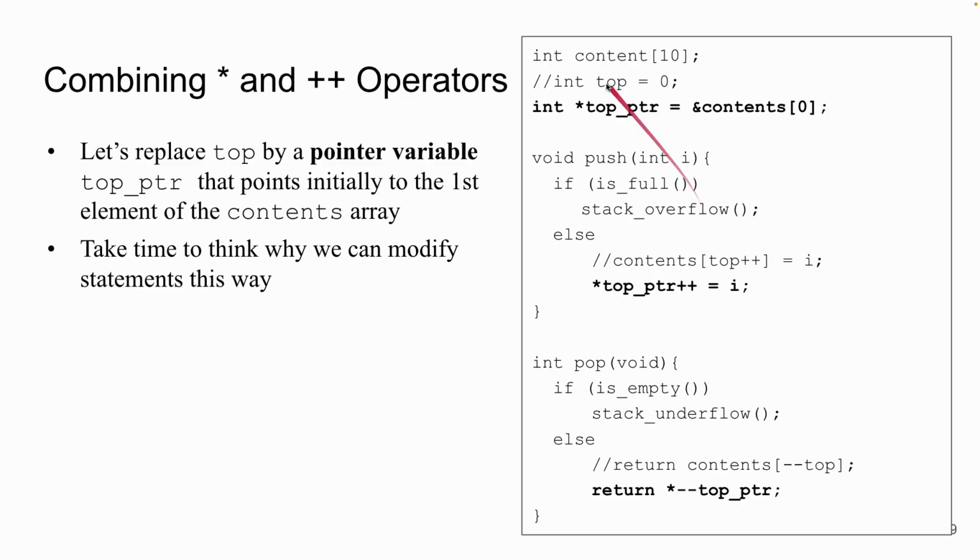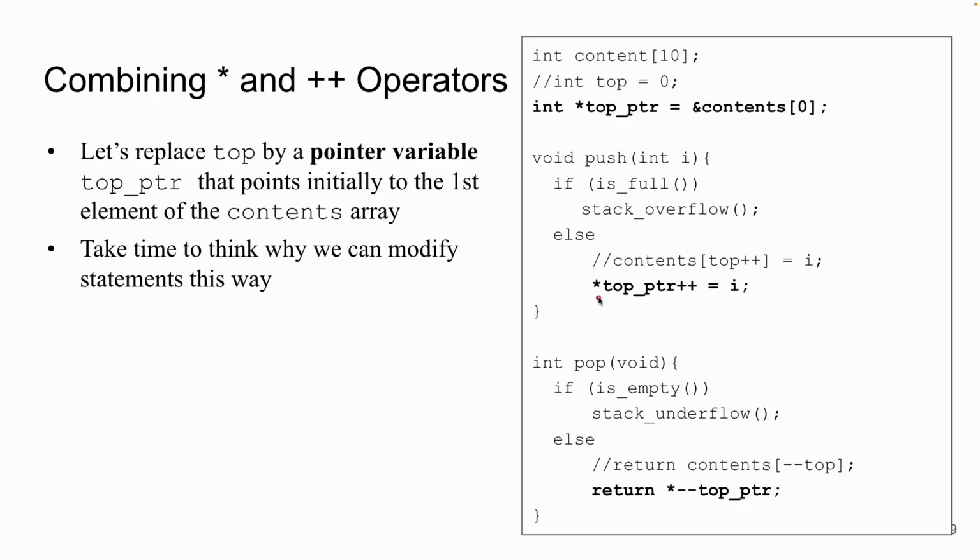And here, if we use this pointer variable version, we need to change some code. For example, in the push function, instead of writing this statement, we can write the statement like this. And in the pop function, instead of writing the statement with content and the decrement of top, we can write the statement like this.